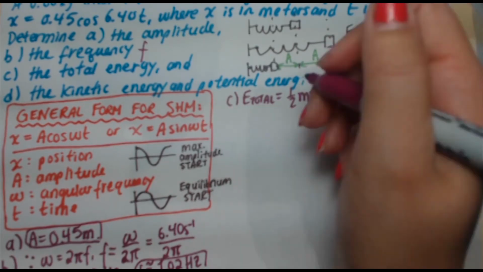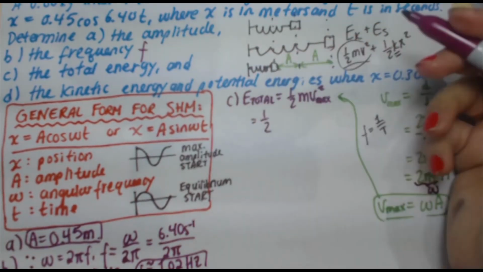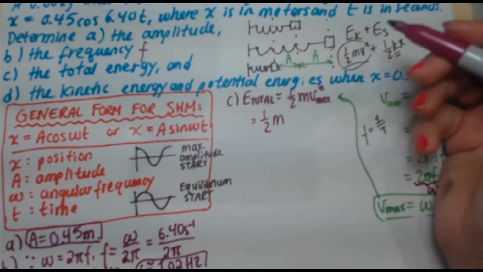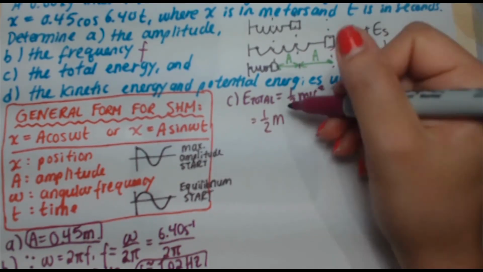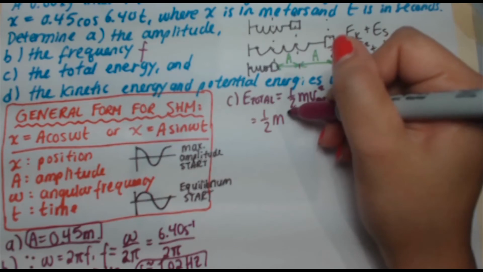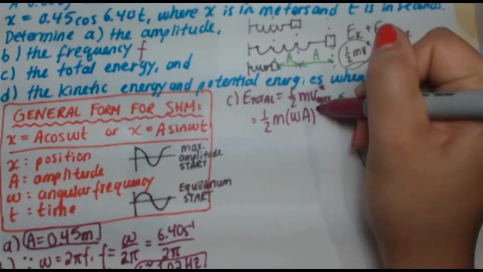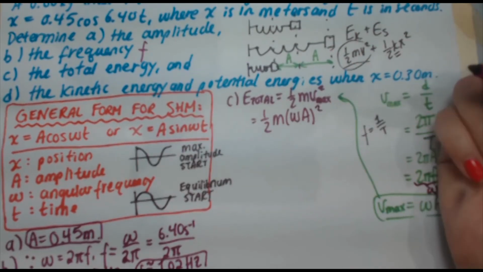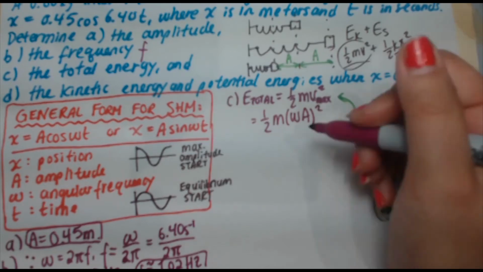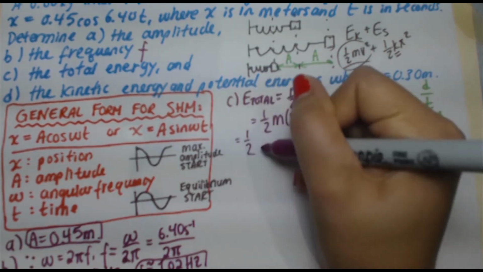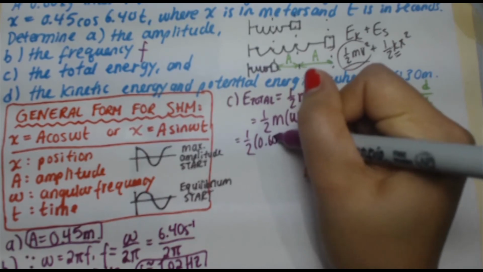So now we still have 1/2 m. Now it's omega A squared. So there you have it. At this point, I just want to plug in my values. So 1/2, mass is 0.60 kilograms.